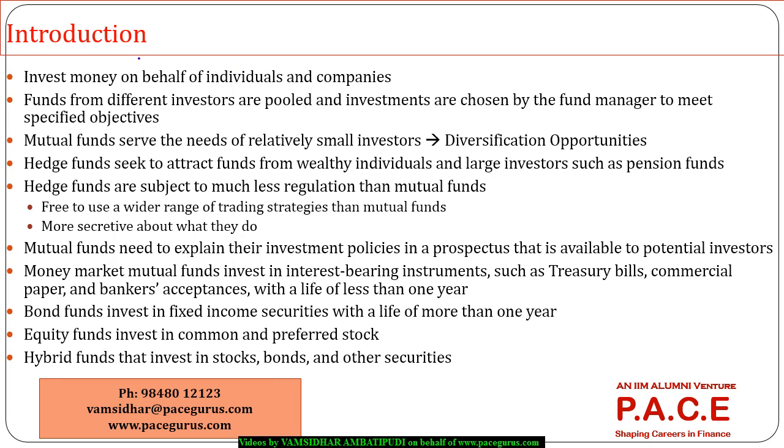So whether it is mutual funds or hedge funds, they pool the money from the individuals and from companies. They collect the money, and these funds do the investments on behalf of the individuals and the companies. So basically we have different individuals and companies contributing the money to a mutual fund.